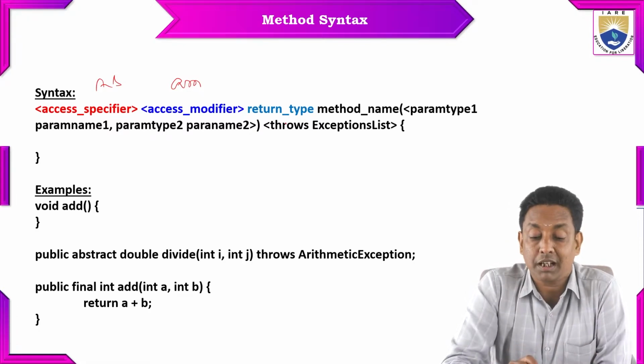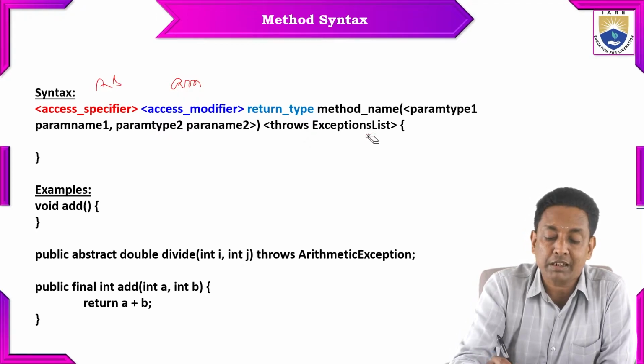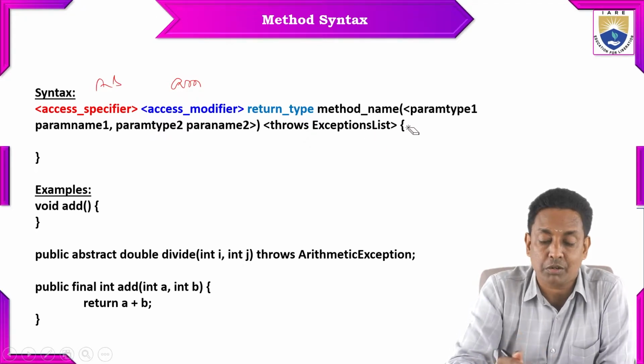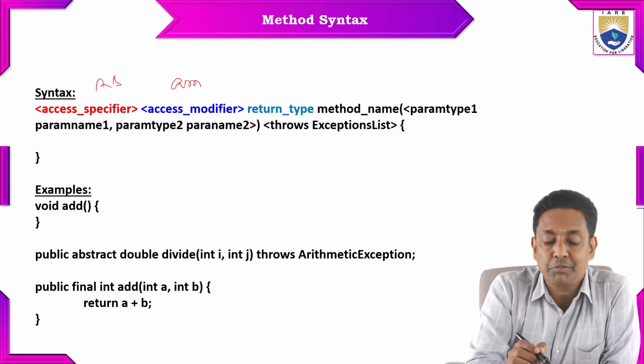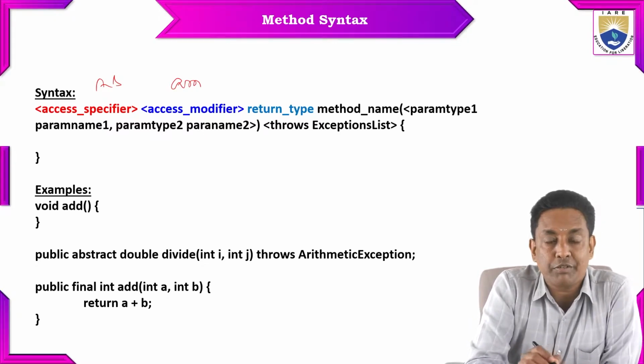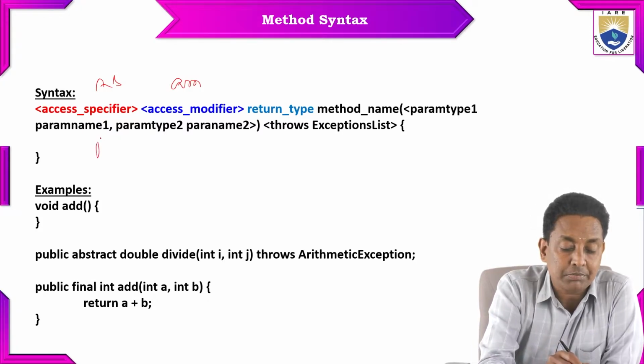If you observe the syntax, the return type is mandatory, and the method name is mandatory. Again, all the parameters are optional, and mentioning the exceptions list in the throws clause is also optional. So coming to the access modifiers, which can be applied on a method? Specifiers: private, default, protected, public.